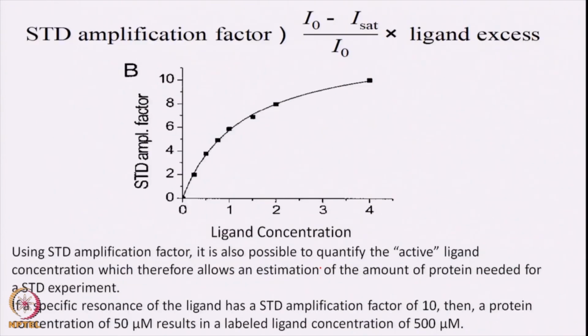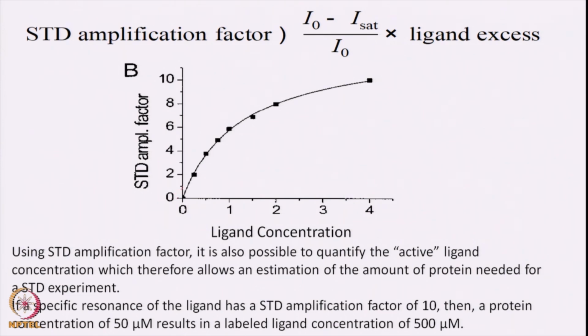If you vary the saturation time, you can plot the effect as a function of either ligand concentration or saturation time. By doing that, one can find the STD amplification factor. So, what is the STD amplification factor? I0 is the non-saturated, and here is the saturated, divided by the non-saturated, multiplied by the ligand excess that we are adding.